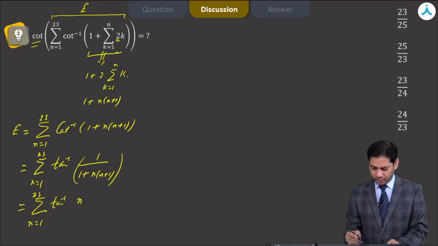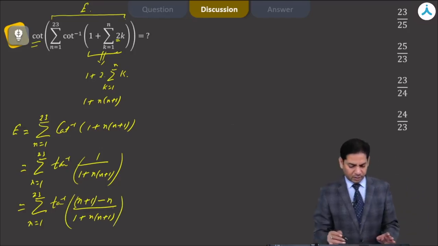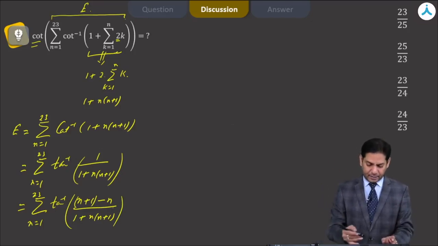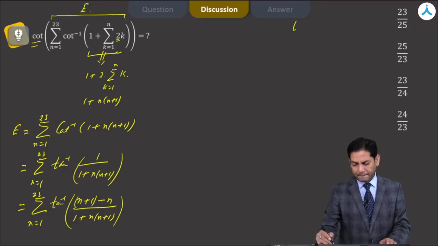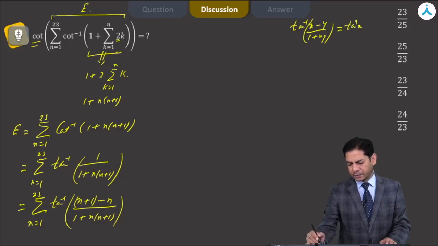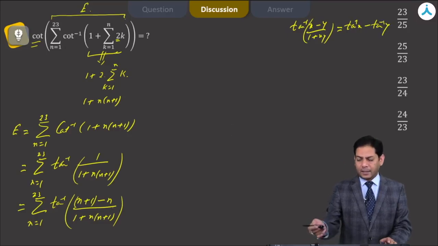We write this 1 in the numerator as n plus 1 minus n divided by 1 plus n into n plus 1. Now this is the format which we always look for in the series involving tan inverse, because this can be split in two parts using this formula: tan inverse x minus y divided by 1 plus xy is equal to tan inverse x minus tan inverse y, and that formula is valid as long as you keep x and y positive.